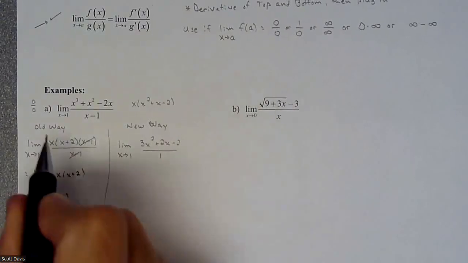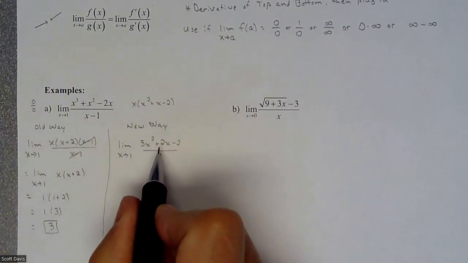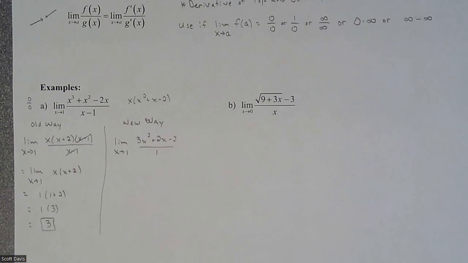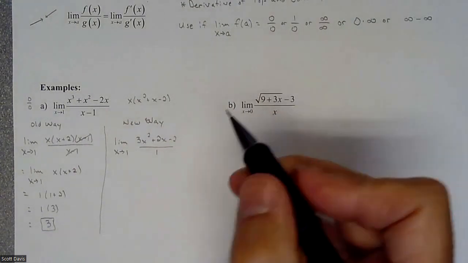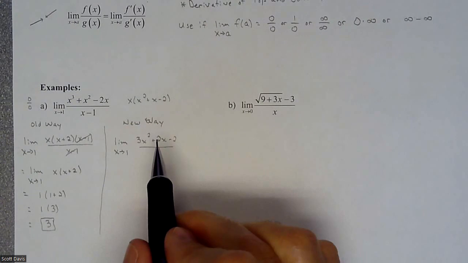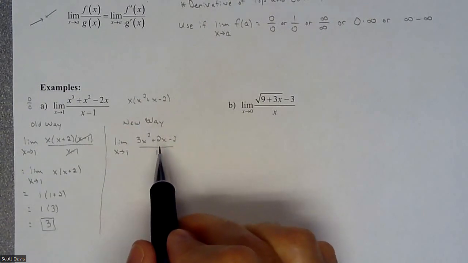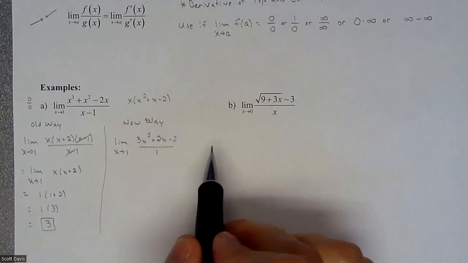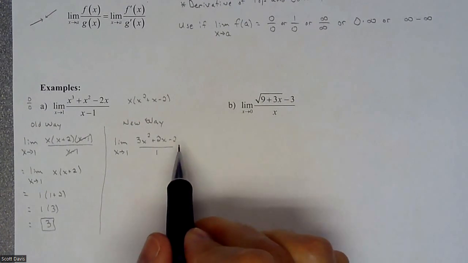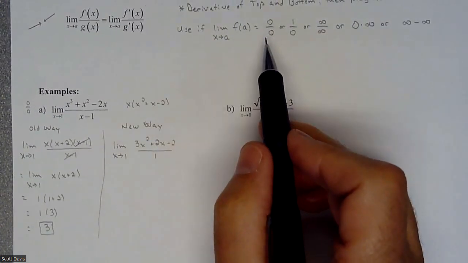Now we have no chance of getting a 0 over 0. Now be careful with this. Don't keep doing the derivative over and over again. If you still have a 0 over 0, you can do it again and then again, but don't go too far. You want to get to a point where you don't have a 0 over 0 anymore.